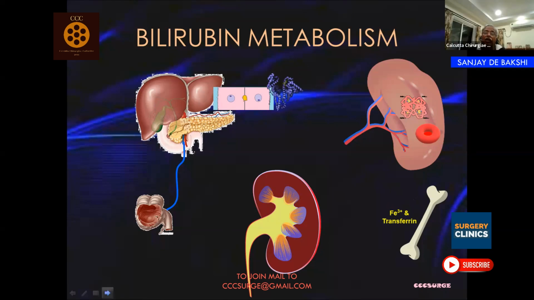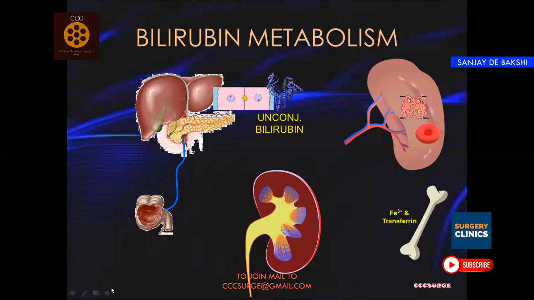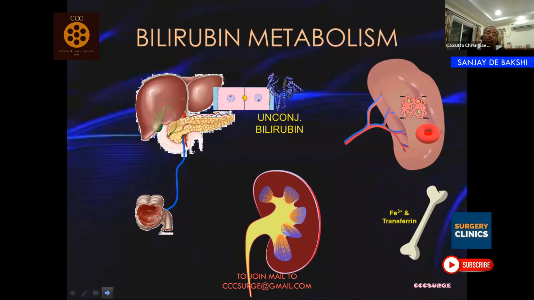So out here it is unconjugated bilirubin. It is taken up by the hepatocytes. Sometimes you have congenital problems out here which prevent bilirubin being taken up. So you have unconjugated hyperbilirubinemia, such as Gilbert syndrome. Rotor syndrome also.